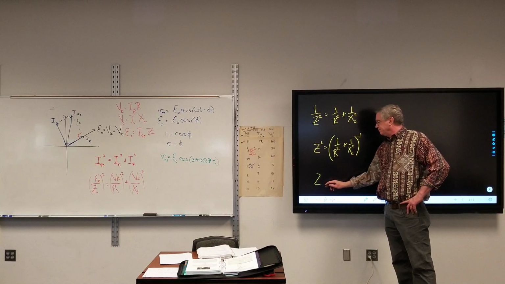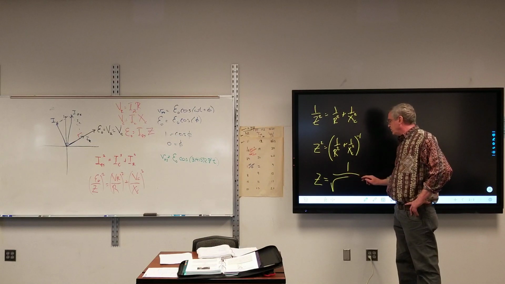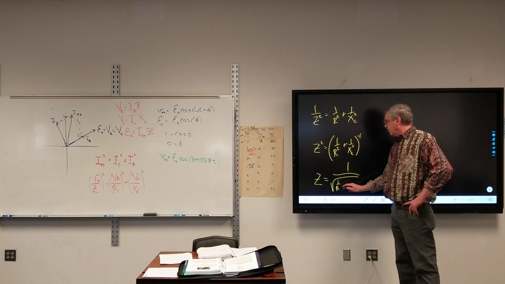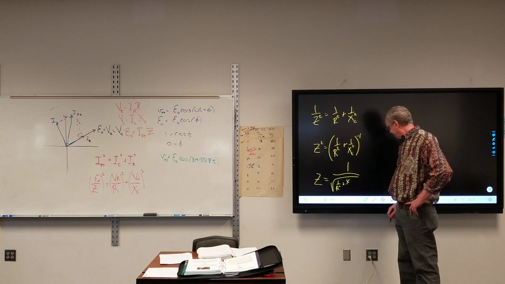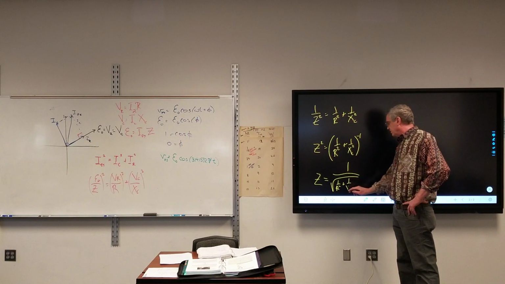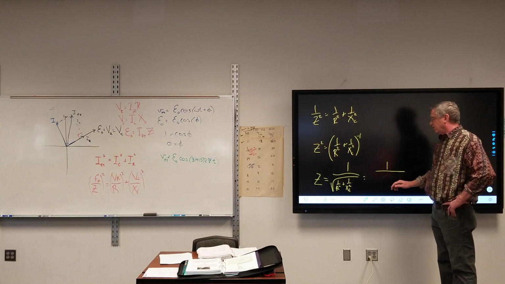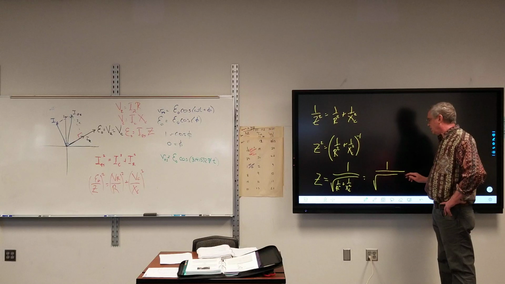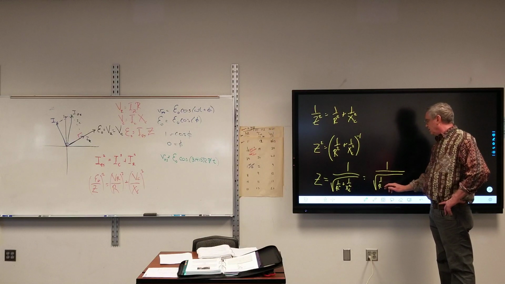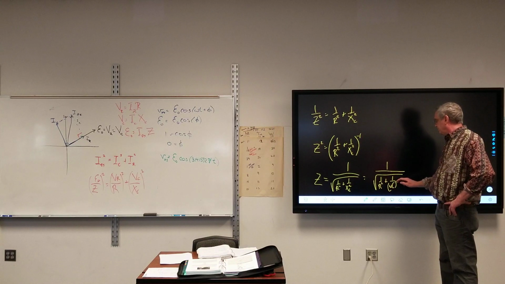And therefore Z, the impedance, is 1 over the square root of 1 over R squared plus 1 over X sub C squared. And we can take it one step further because there's a formula for X sub C. R squared plus 1 over omega C squared.